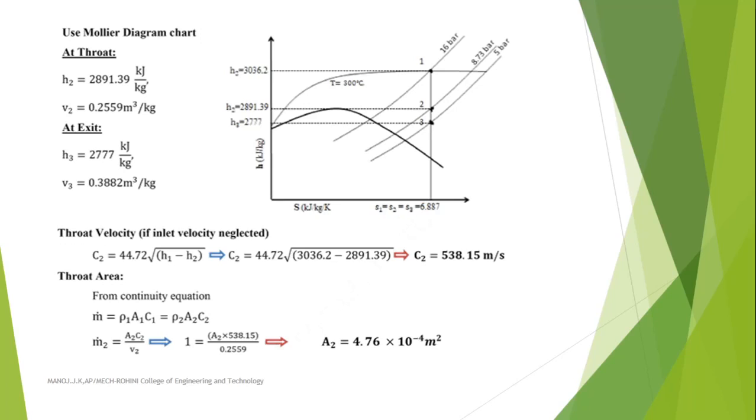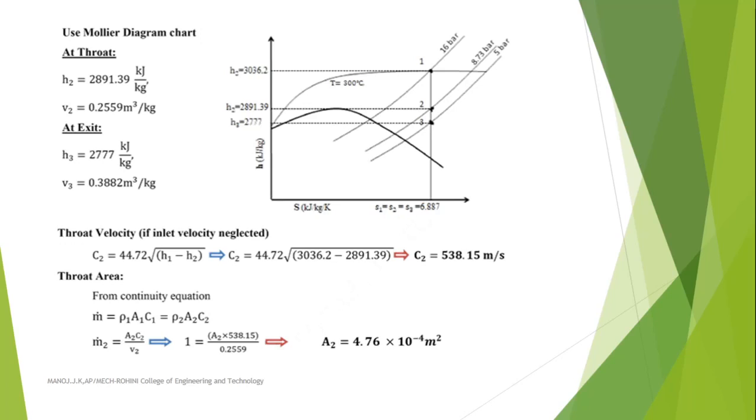Now I am considering the inlet to throat region only, so regions 1 and 2 are considered. With c1 neglected, root of 2000 is 44.72, so C2 is equal to 44.72 into root of h1 minus h2.